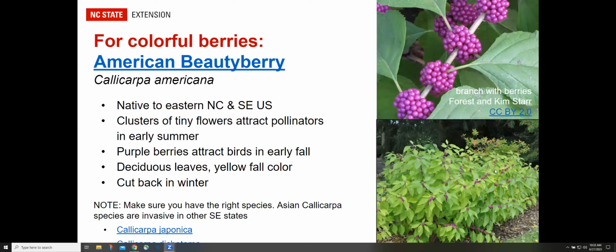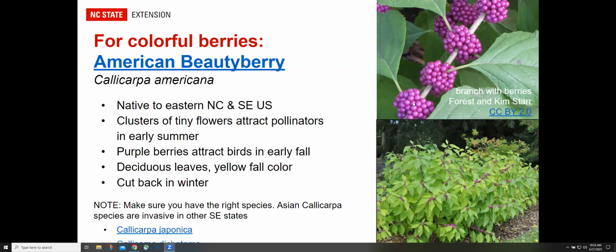If you do want to go for colorful berries, think about things like American Beautyberry, Callicarpa, which literally translates to beautiful fruit, Callicarpa americana, our native beautyberry. This is one that occurs throughout eastern North Carolina and to the eastern part of the Piedmont and the southeastern United States.